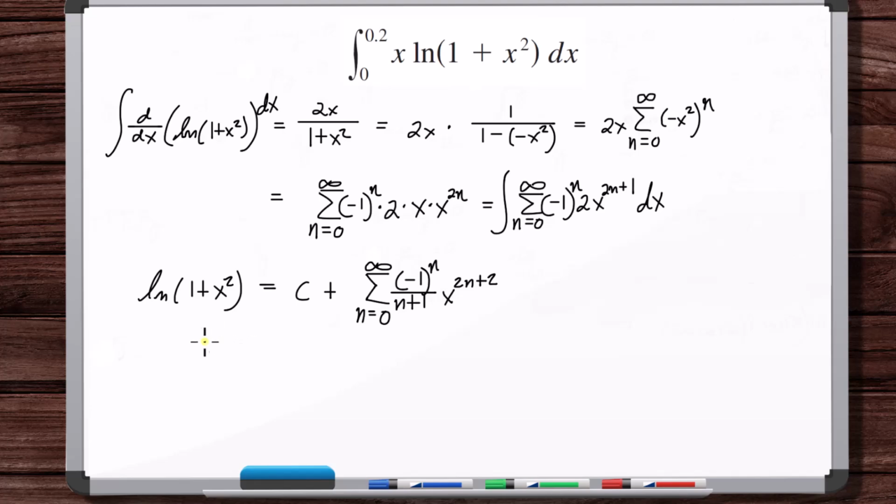But when you're solving for c, when you integrate a power series, you're going to set x equal to, well, you can set it equal to whatever you want, but typically you'll set x equal to the center point of the series. And when I say you can set it equal to whatever you want, the goal is you're trying to set it equal to something so you can get a known value. If you know that when you set x equal to something it gives you a value, that's what you want to do.